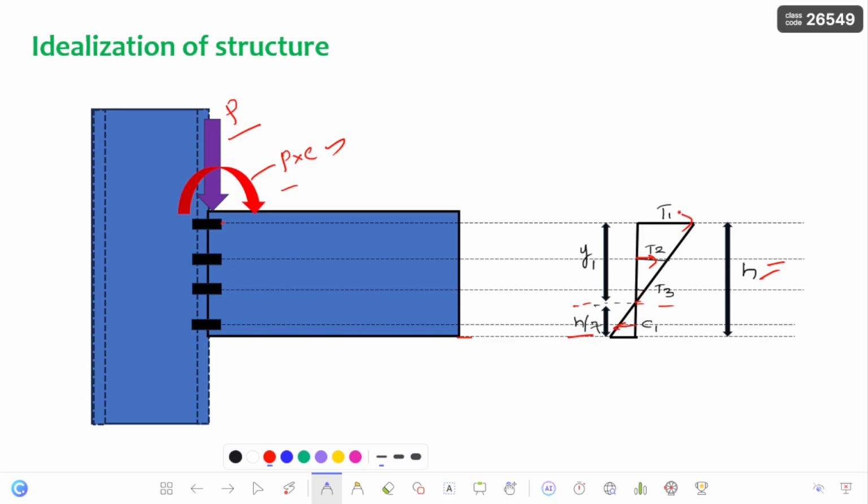So for example, if you consider, this T1 is a force which is developed in the topmost bolt, and Y1 is the distance from the neutral axis to the topmost bolt center. Similarly, T2 is a developed force, and also T3 is a developed force, and corresponding distances are Y2 and Y3. So let us derive the equation for the tension force in the bolt.